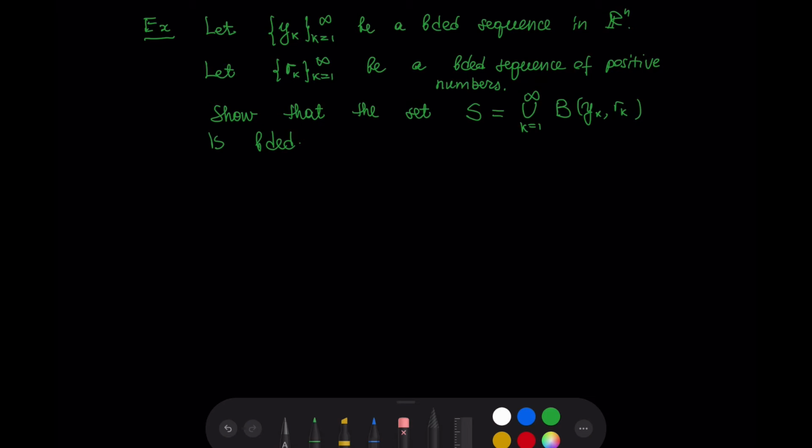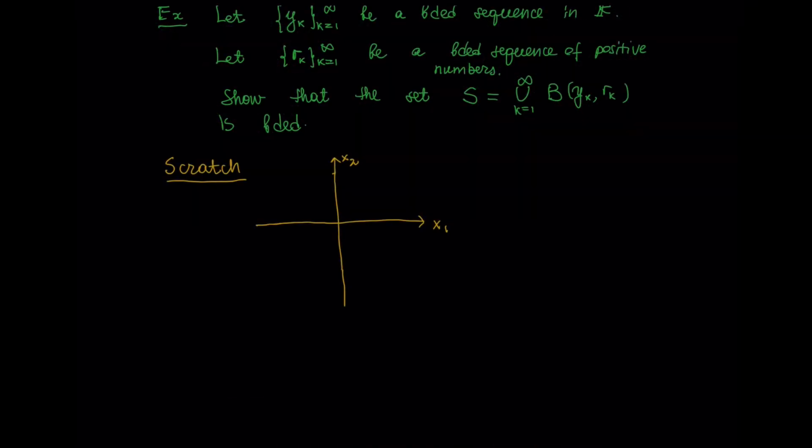Now let us look at this set, which is the union of all of the balls that are centered at yk and have radius rk. We want to show that this set S is bounded. So let us begin with trying to understand what is going on here.